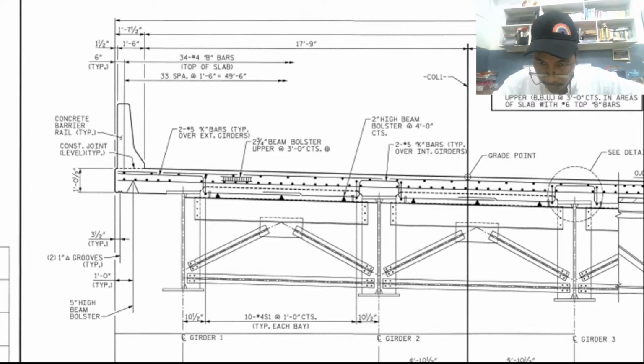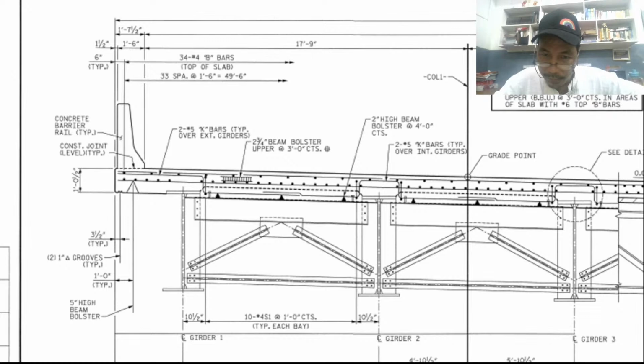What is the dimension of that beam bolster? 4 feet, 0 inches CTS. So center to center distance, 4 feet. Here, center to center distance is 3 feet.